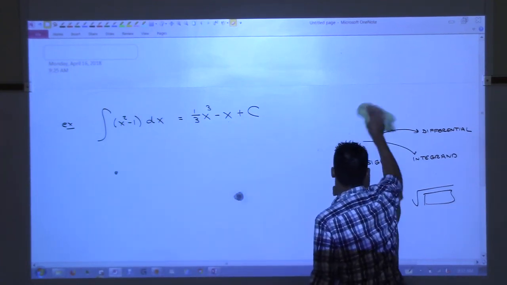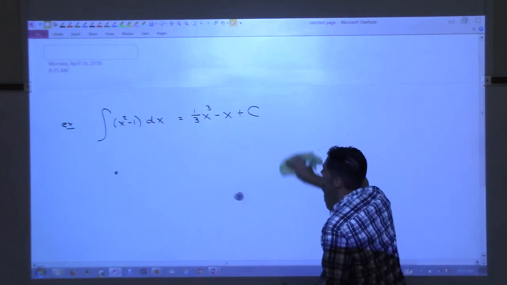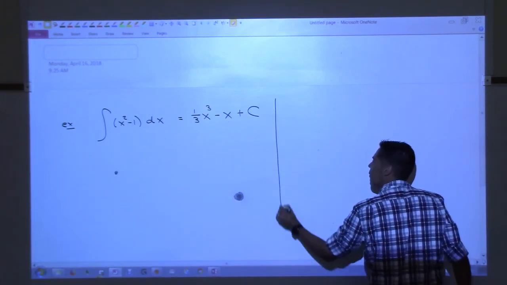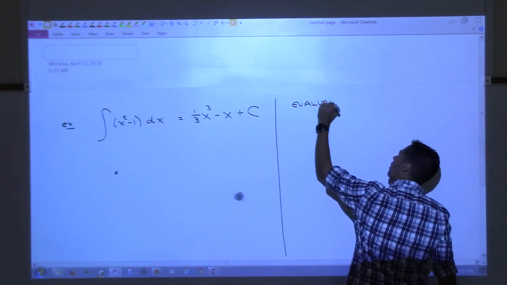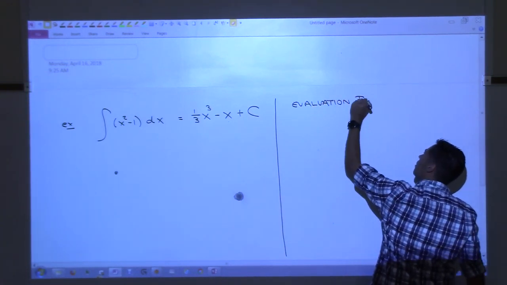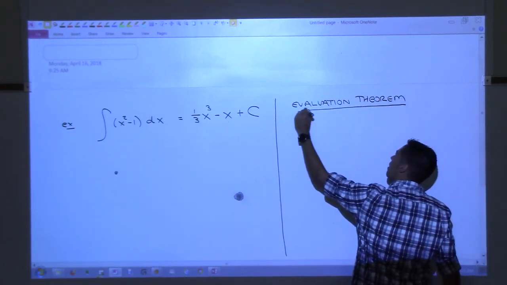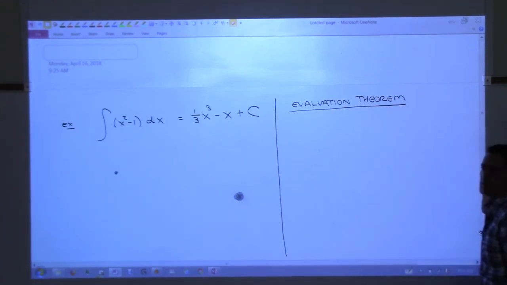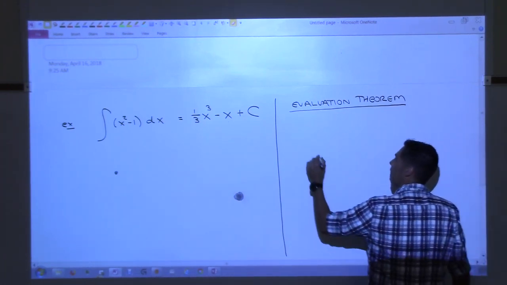I give you the theorem. It's called the Evaluation Theorem. And the Evaluation Theorem is a version of what's called the Fundamental Theorem of Calculus, which you'll worry about in Cal 2, all right? But this theorem is used a lot. So here's what it says.